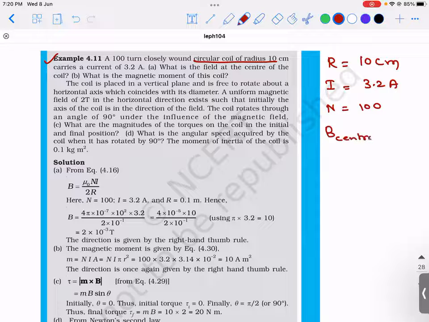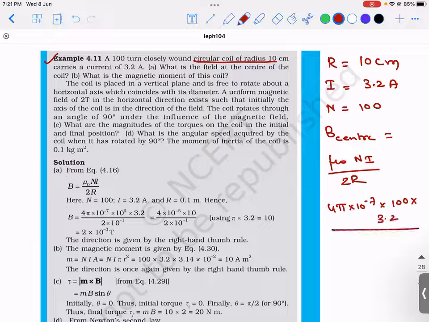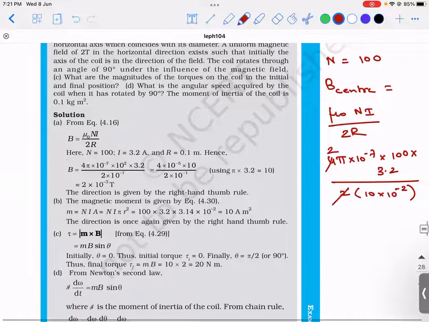Magnetic field at the center is equal to mu naught N I divided by 2R. Mu naught is 4 pi into 10 power minus 7, N is 100, I is 3.2, divided by 2 into R, which is 10 into 10 power minus 2. So that will go 2 times.